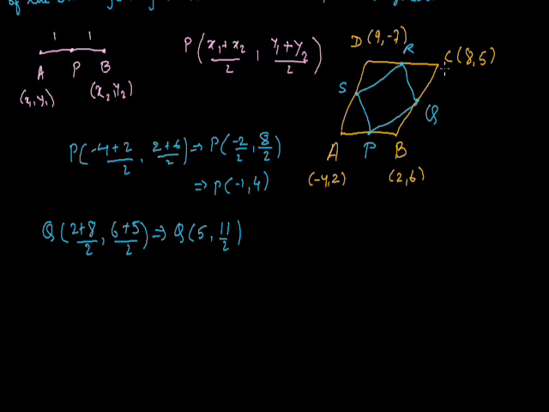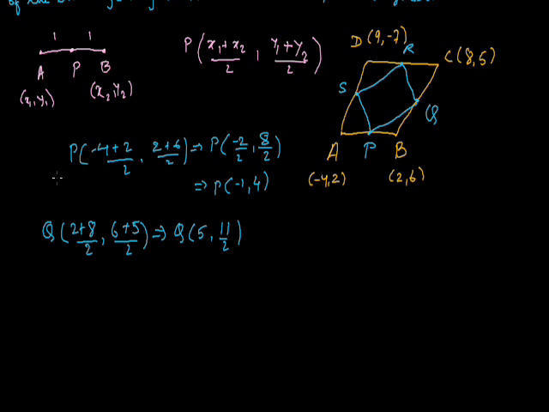On similar basis, we will calculate the coordinates of R and S respectively. Since R is the midpoint of C and D, we will apply the section formula with C and D. And similarly, we will apply the section formula for the line segment D and A, with D and A as the endpoints and S as the midpoint.